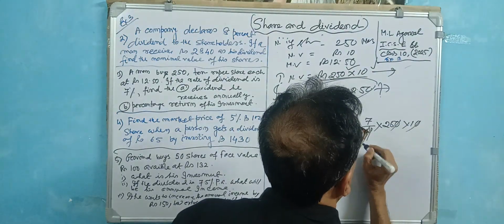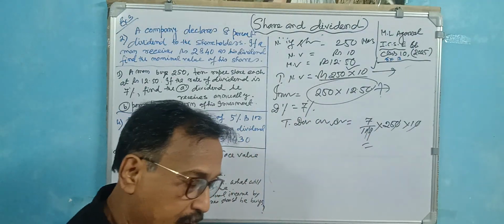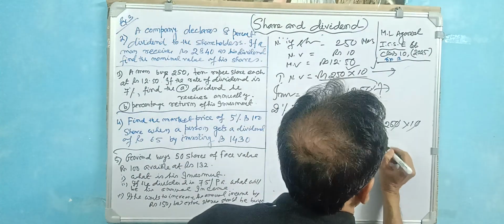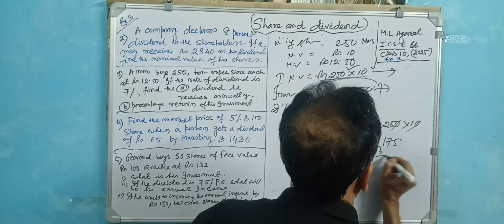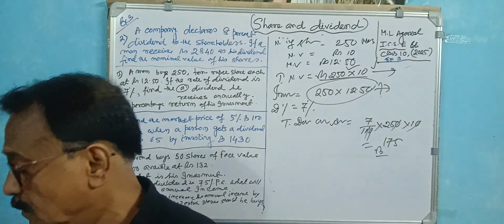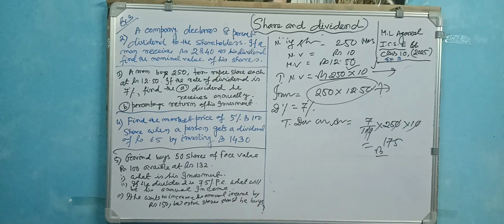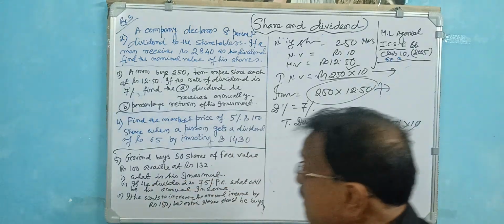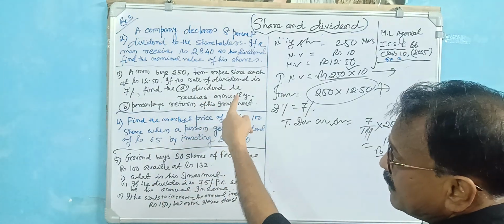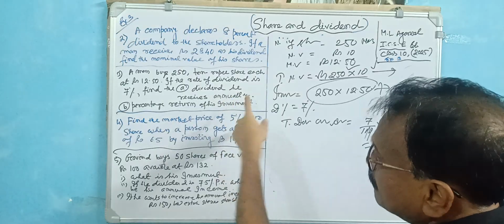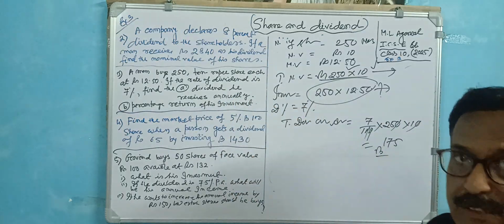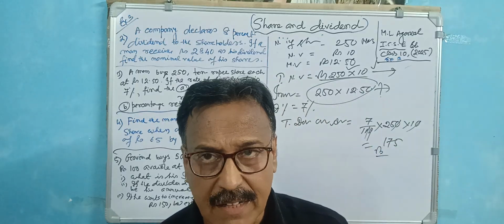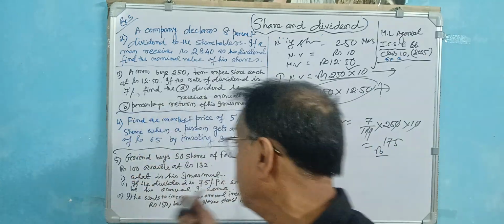That means 25 into 7. Very easy, 175. So the dividend he received annually is 175. That is actually the income. For a bank, this is the interest. In case of shares, this is the dividend.